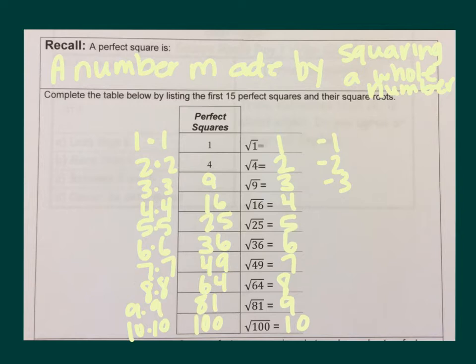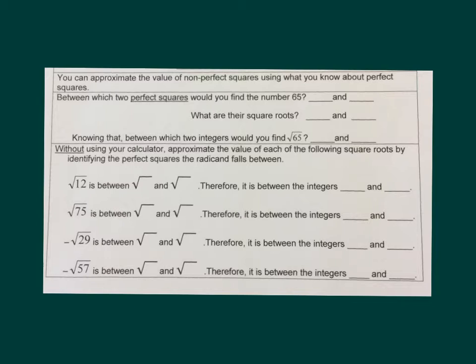So we're going to use these perfect square numbers to help us estimate square roots with numbers that are not perfect squares. So you can approximate the value of non-perfect squares using what you know about perfect squares. So you should be looking at the perfect squares that we just listed, the first 10 perfect squares, and we can figure out what two perfect squares a number falls between.